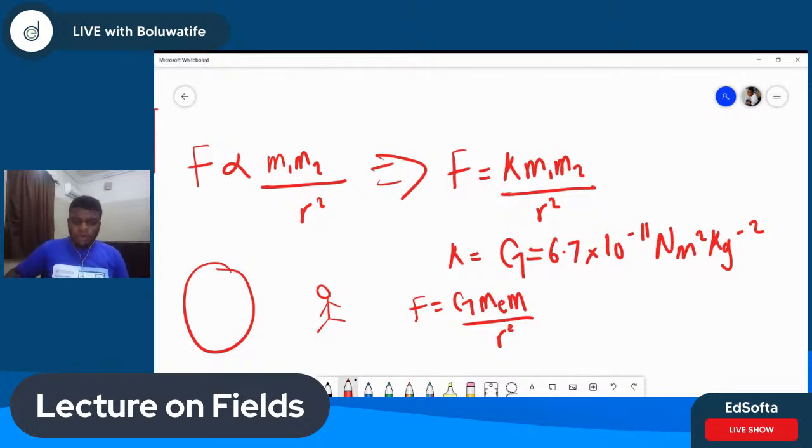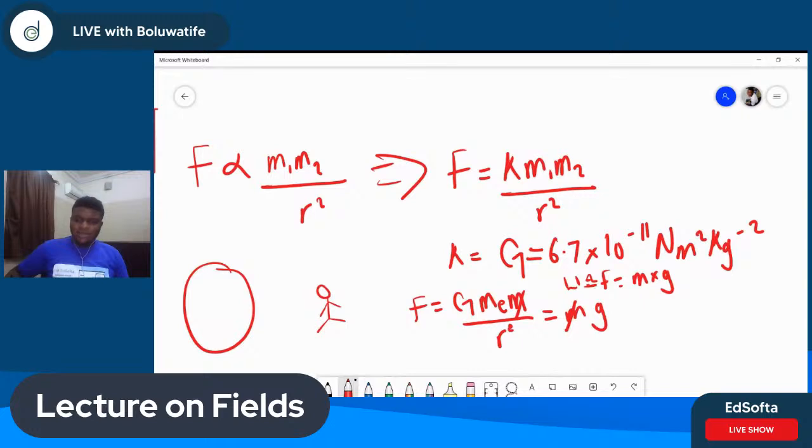And also recall that we already have the formula which says that weight, which is the same thing as force, is equal to mass times acceleration due to gravity. So I can also have it like this. Since I have my mass on both sides, I can cancel it out.